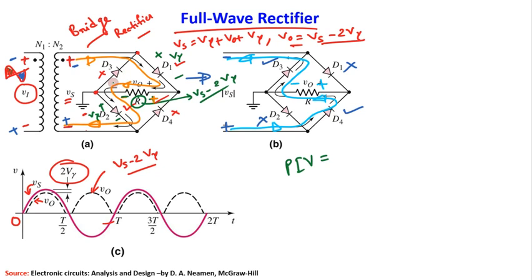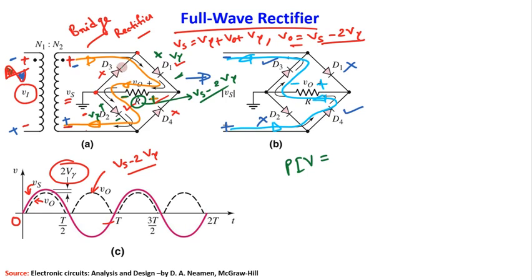Okay, now if you consider this loop of circuit and apply KVL, you see a voltage drop polarity like this of V gamma. You see another voltage drop with a polarity like this here, whose magnitude is Vs minus 2 V gamma. And if you consider these two polarities, they are basically additive.